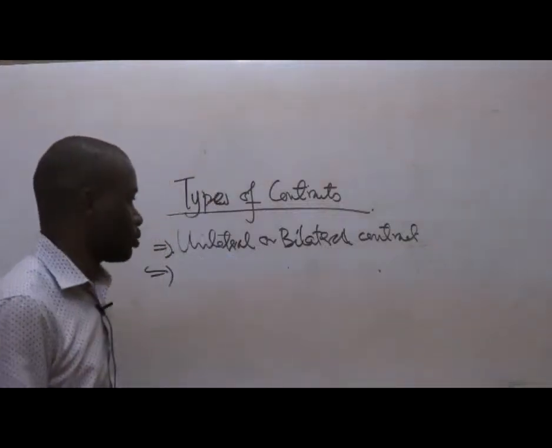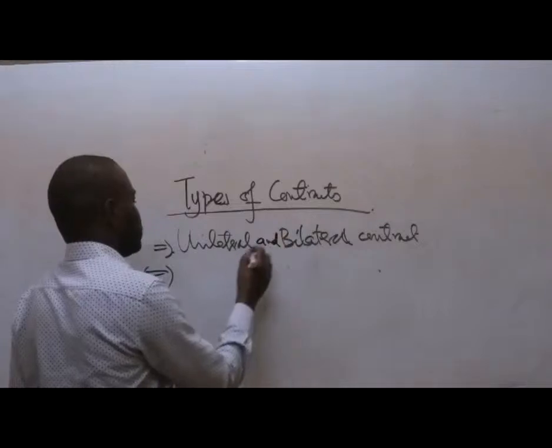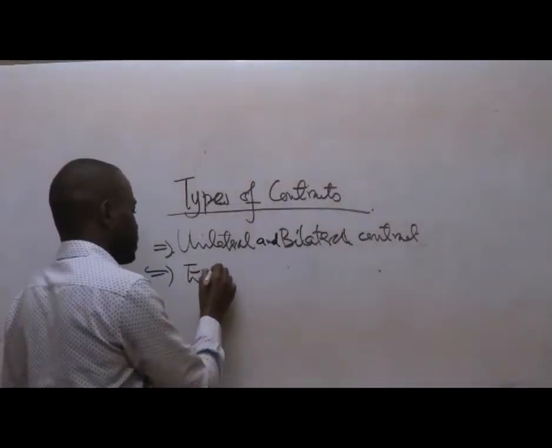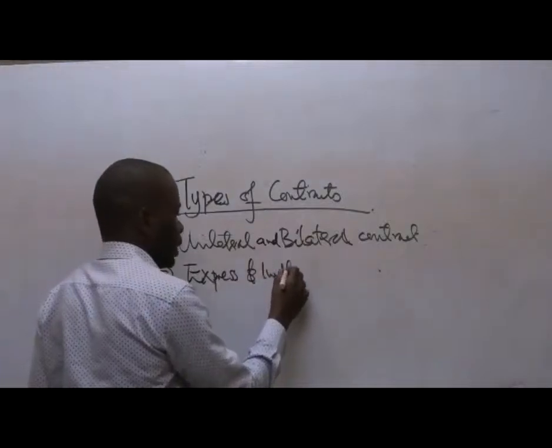Express and implied contracts. So these are instead of or, you can just say and. Express and implied contracts.